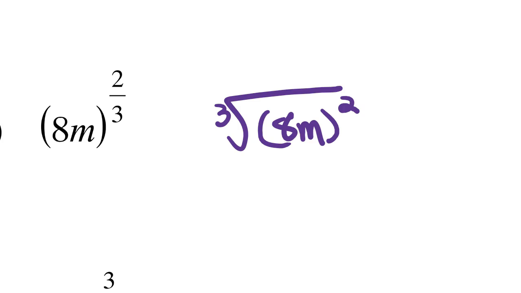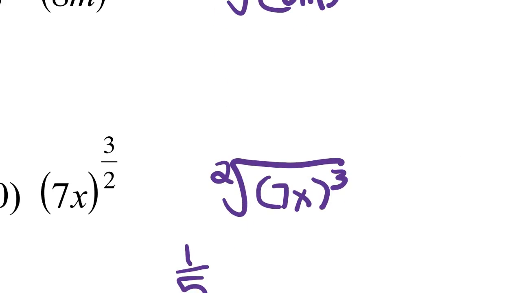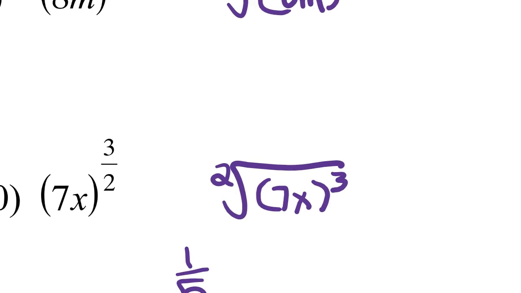Okay, now this next one, I want you to copy it down. Number 11. Write it. 32x to the 1/5. Copy it down, I just added it in there. What is the exponent touching? The x. Does it have anything to do with the 32?